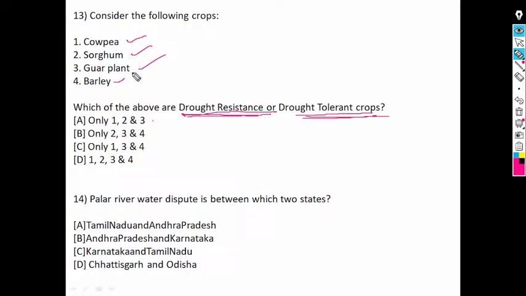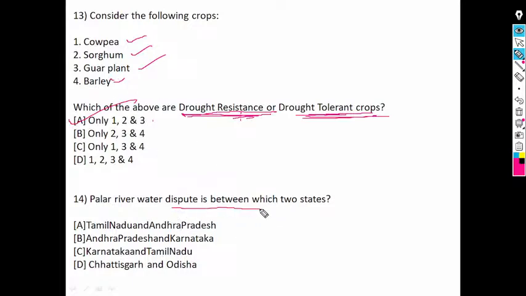Coffee, sorghum, wheat plant, and barley. Good. 1, 2, 3. These are all drought tolerant except barley.